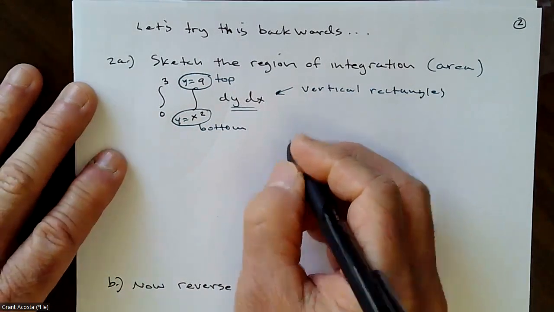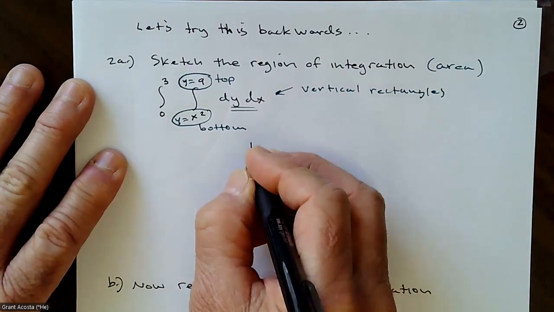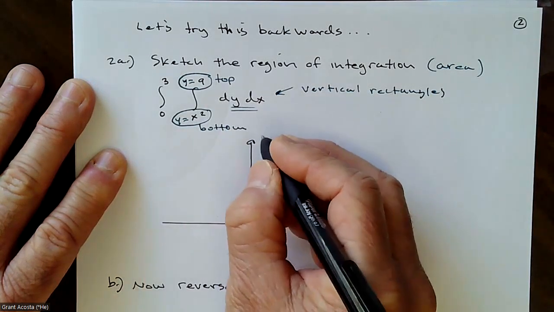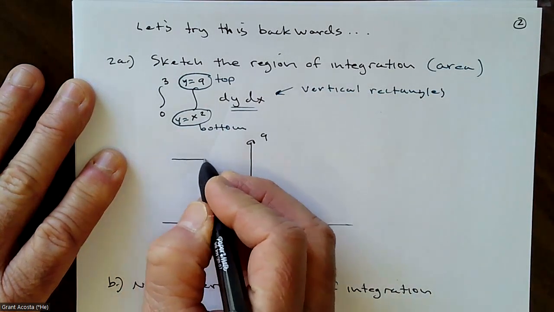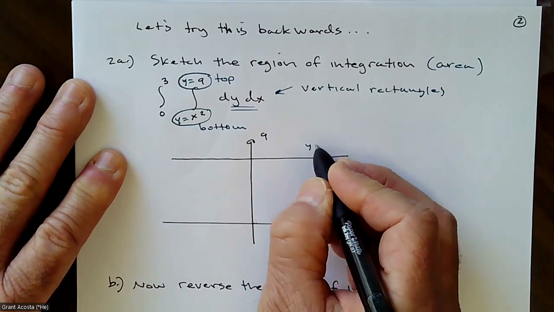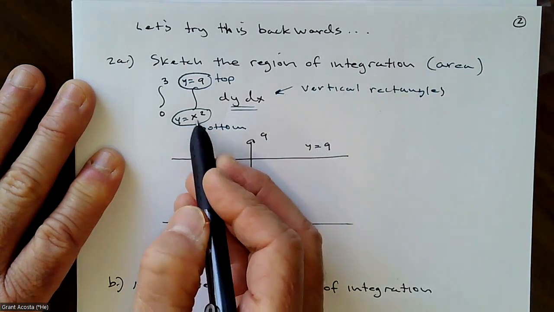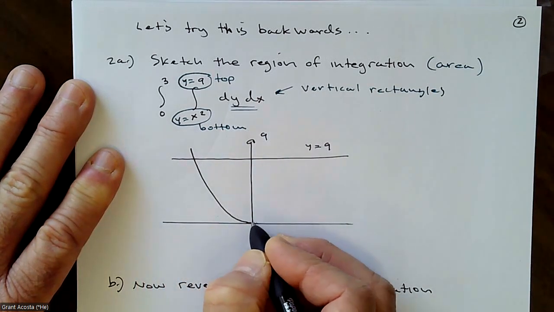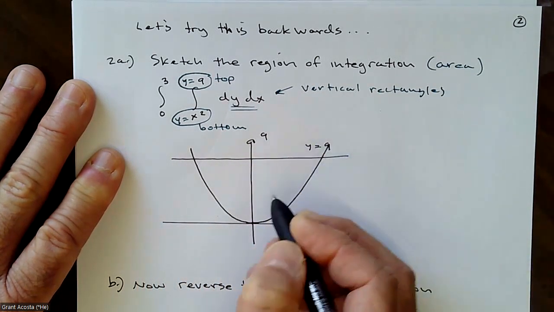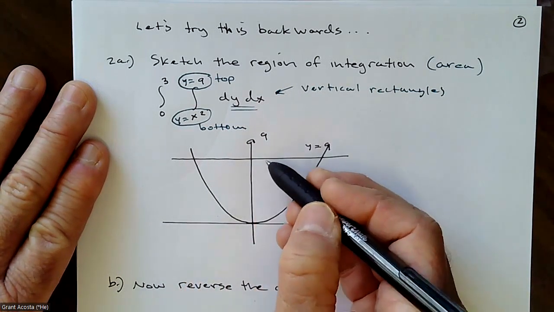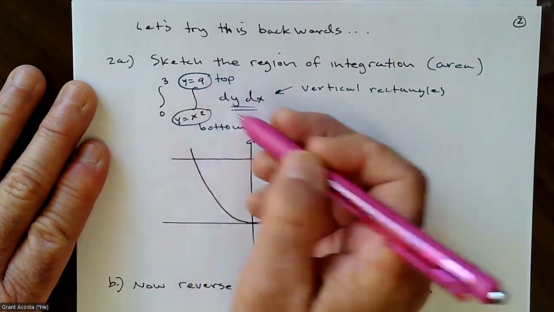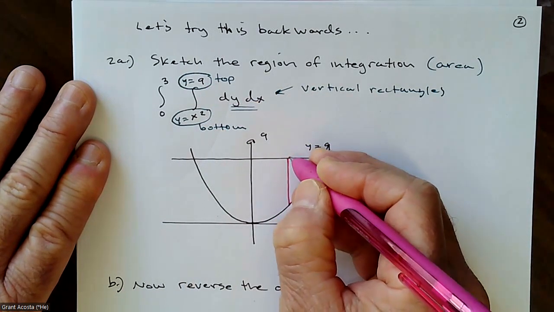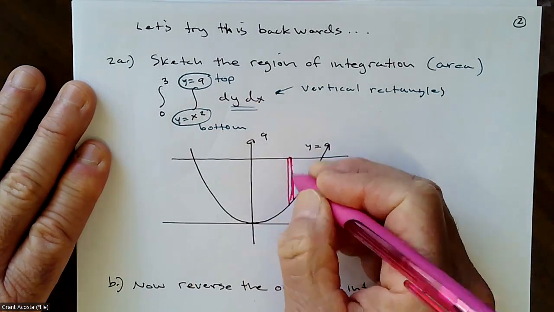Then I could sketch y equals 9, a horizontal line. y equals x squared is a parabola with the vertex at the origin. So that would certainly work. I could imagine rectangles that hit y equals 9 on the top, y equals x squared on the bottom.